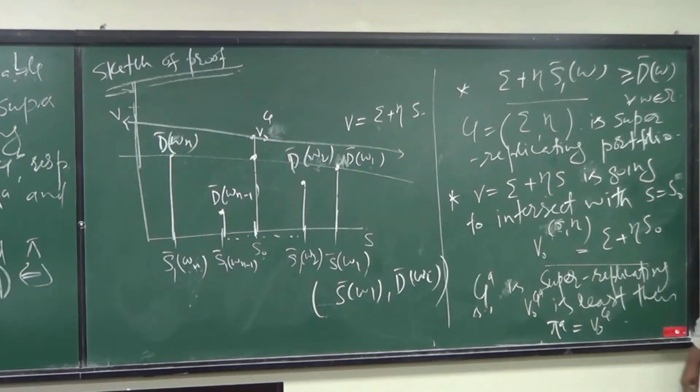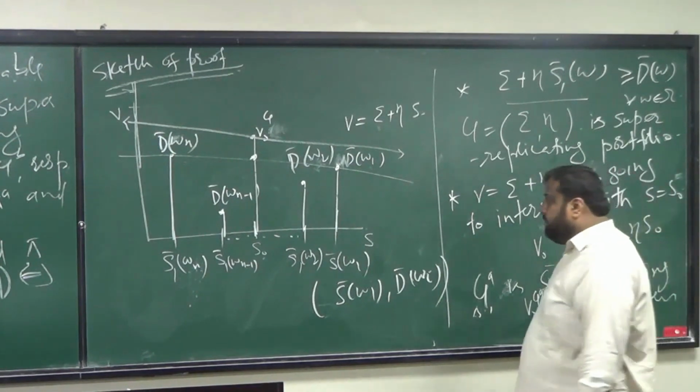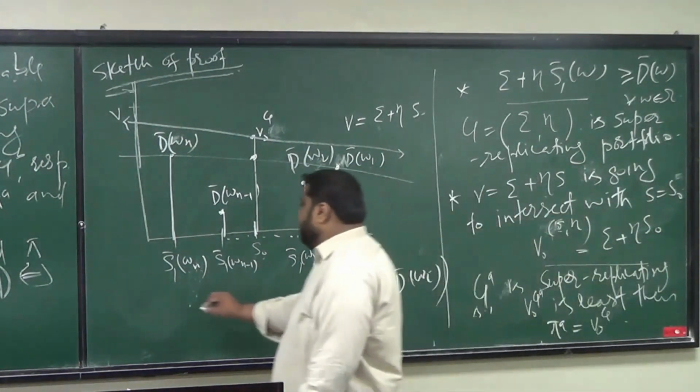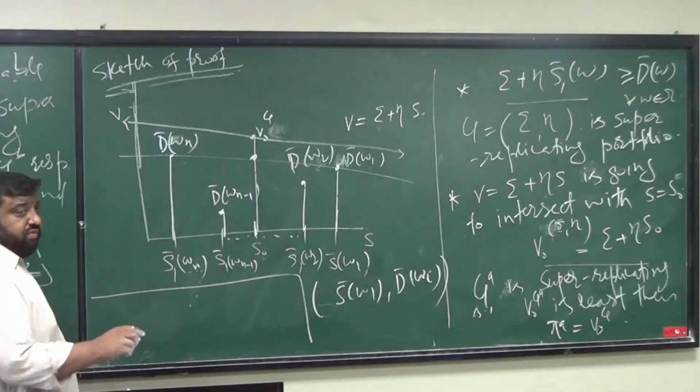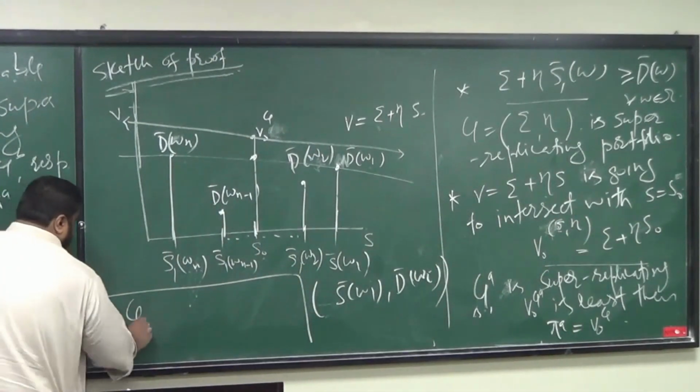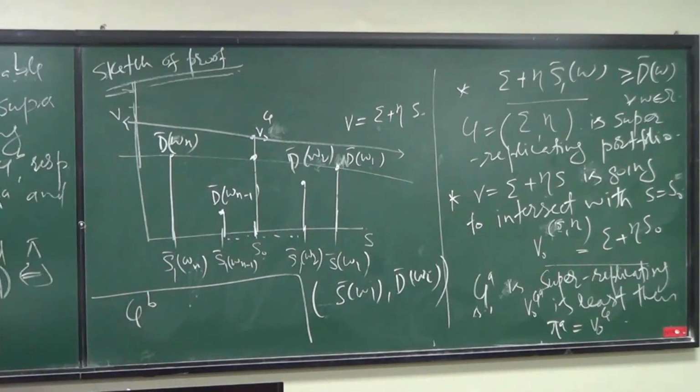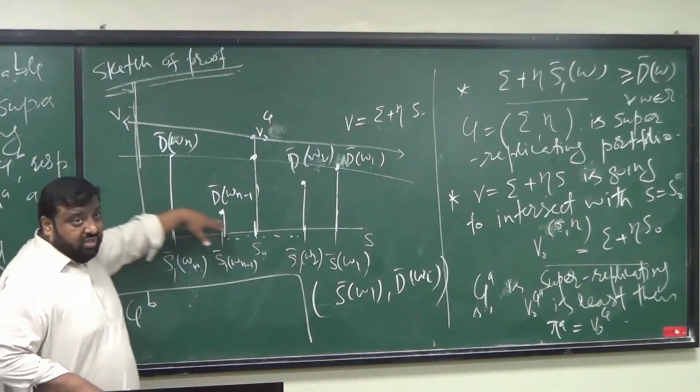And similarly, we can find phi b. So we're going to have phi b. So it's a sub-replicating portfolio, just like a portfolio whose value always lies below basically all these points.